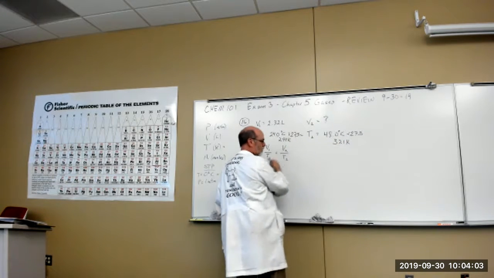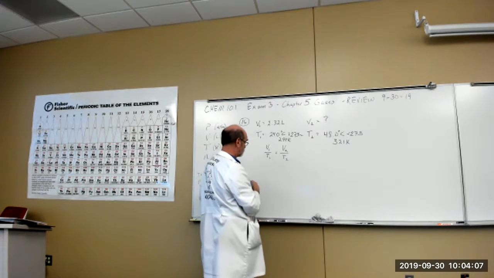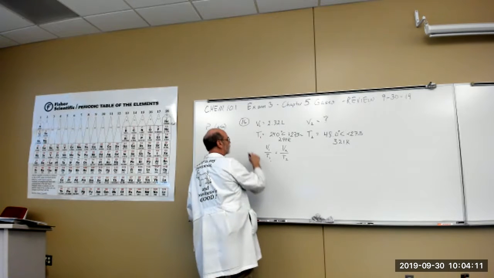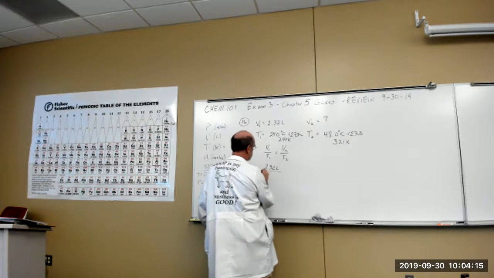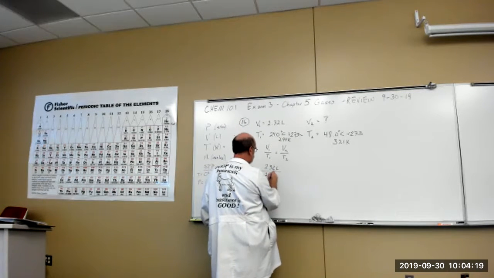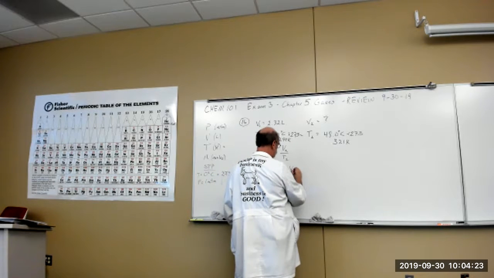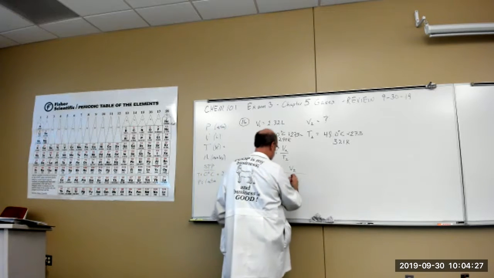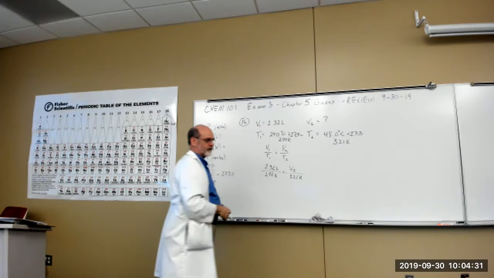Notice I don't put a degree mark, okay? Doesn't have a degree. Okay, now we can plug in the numbers. So V1 is 2.32 liters, and T1 is 297. Okay. V2 is our unknown, and our temperature is 321. Okay. So now all you have to do is solve for V2.